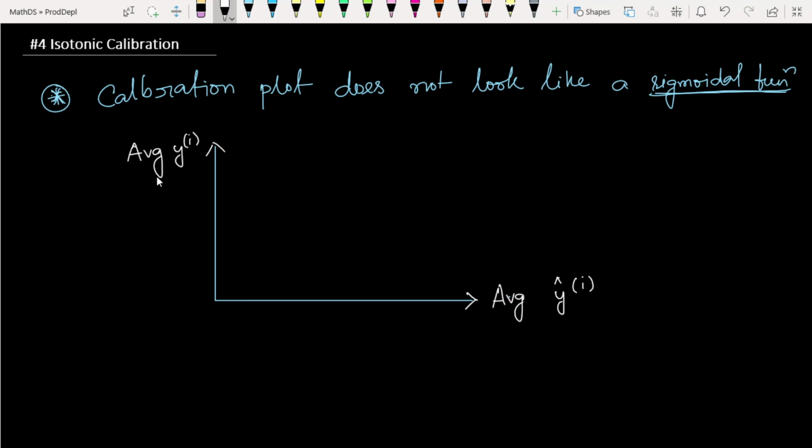You can think of it as the probability value of yi equals 1 for a given xi. We have already said this.